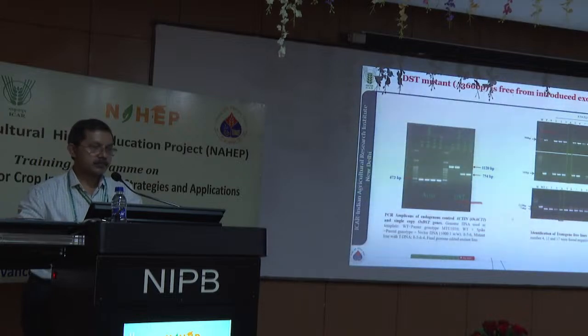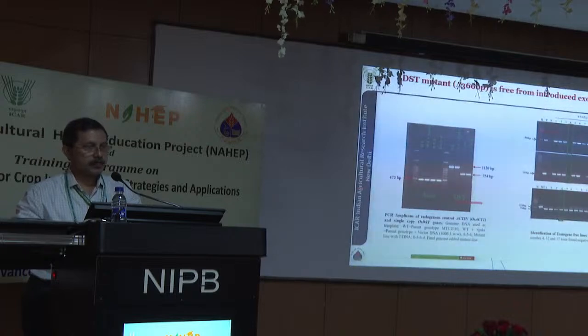So with this, we have shown that the template that we are going to use for showing that the mutant is free of exogenous DNA is good. Namely, the wild type control, that is the wild type variety which you used for generating the mutant, and the wild type DNA spiked with the vector DNA will act as a positive control.